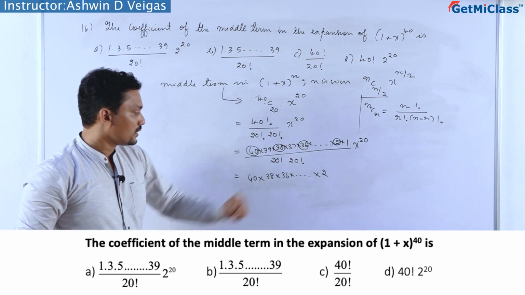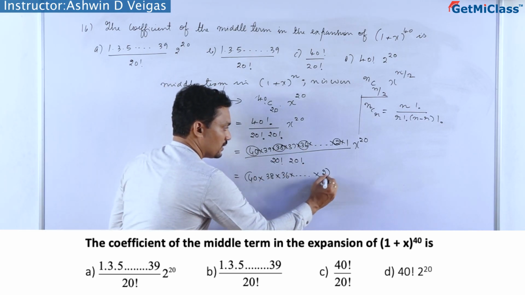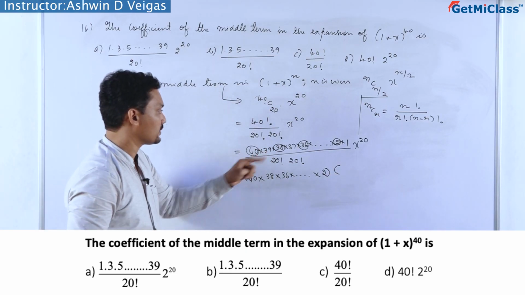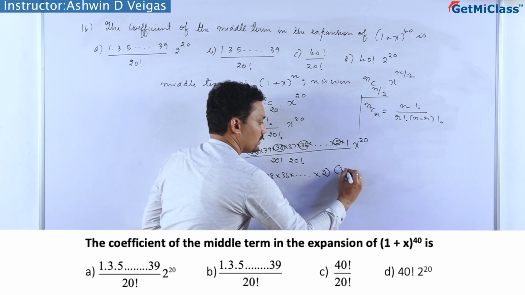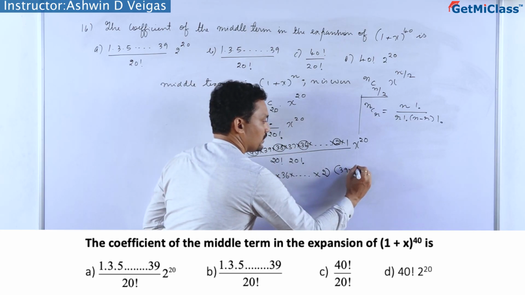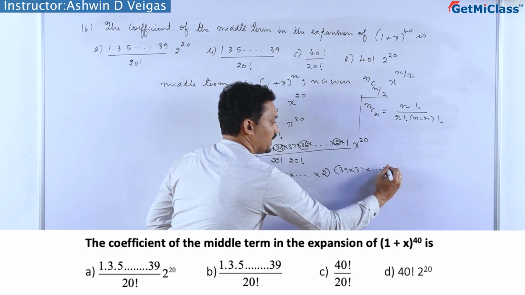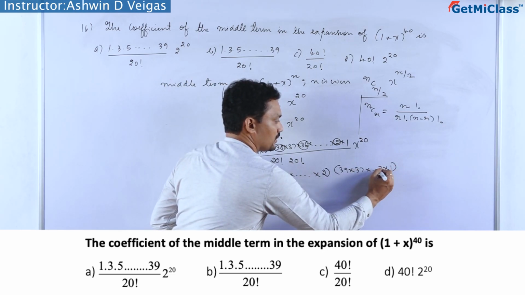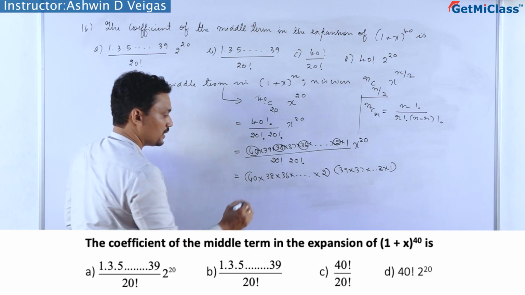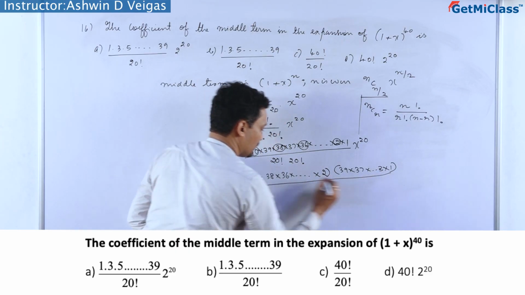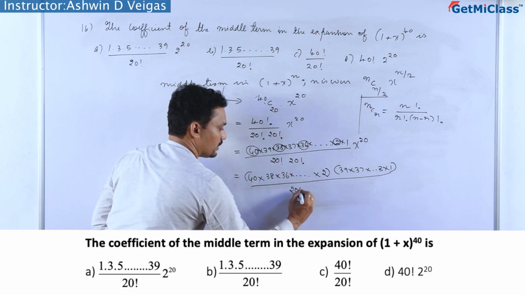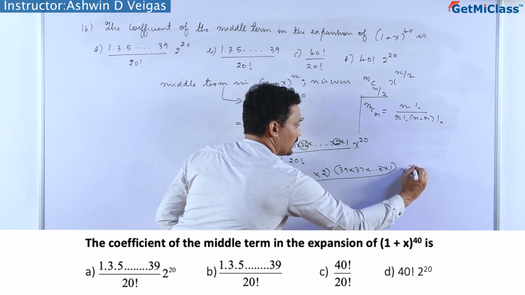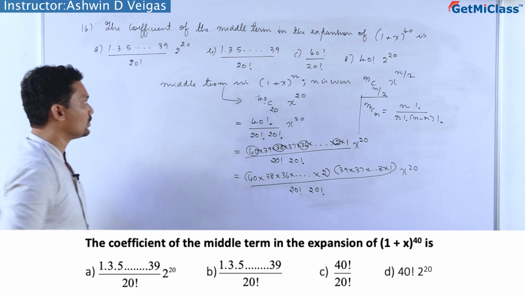Then the odd terms: 39 into 37 like that. Now, this will end with 1 because 1 is odd. So, 3 into 1, divided by 20 factorial into 20 factorial into x^20. So, like this it goes.